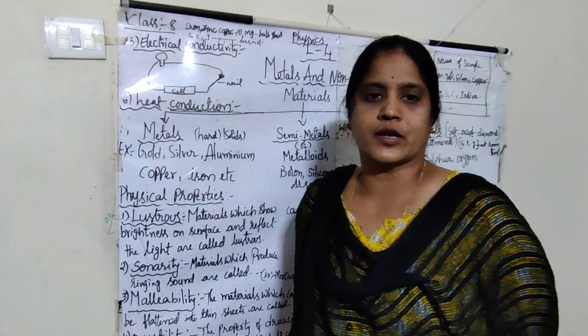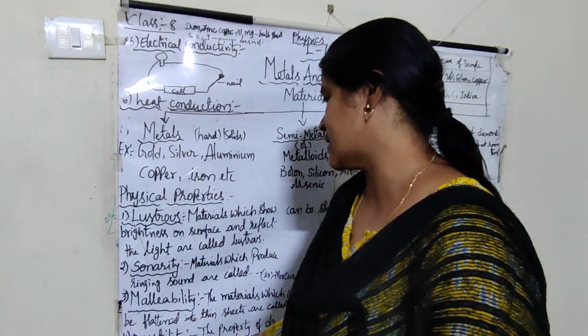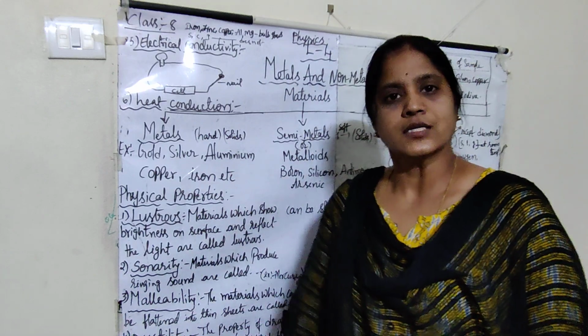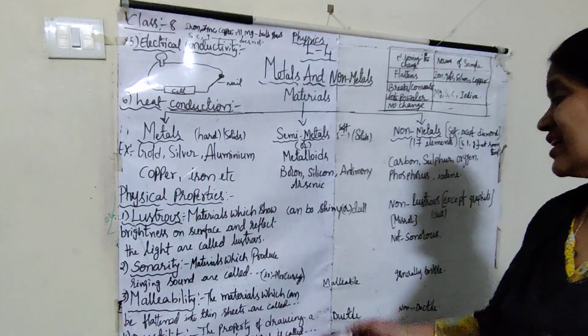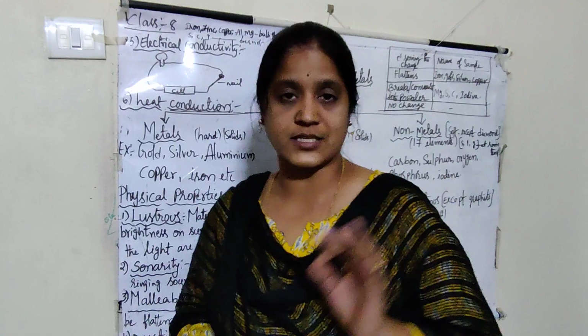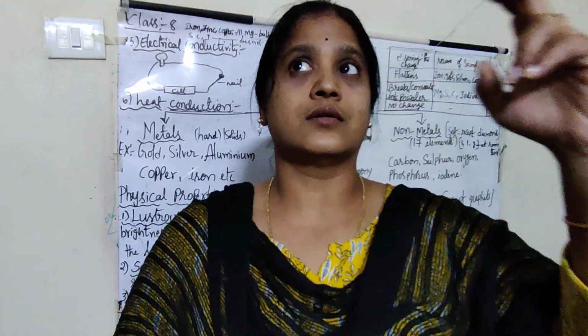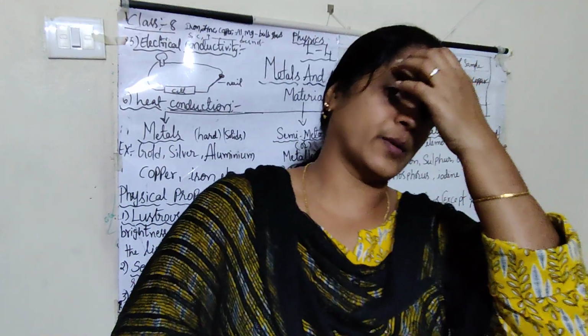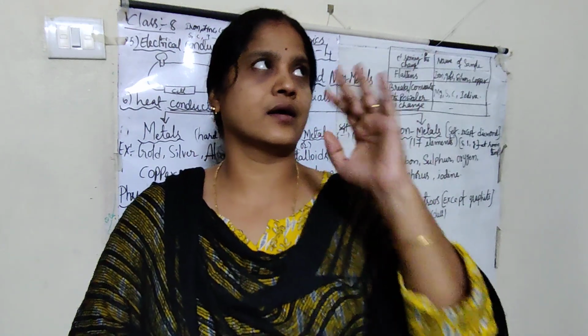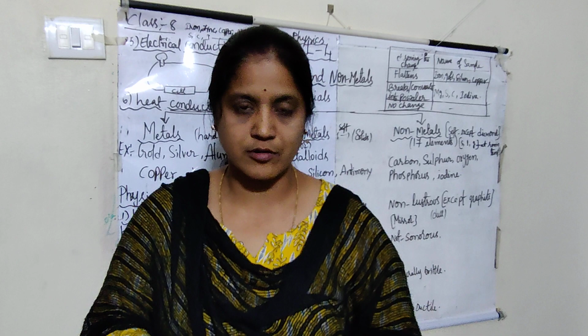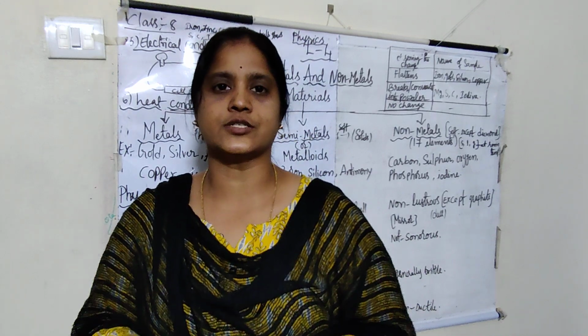Next, one more property. What is that one more property? That is ductility. So what is ductility? For example, for wiring purposes, we use wires for the conduction of electric current.